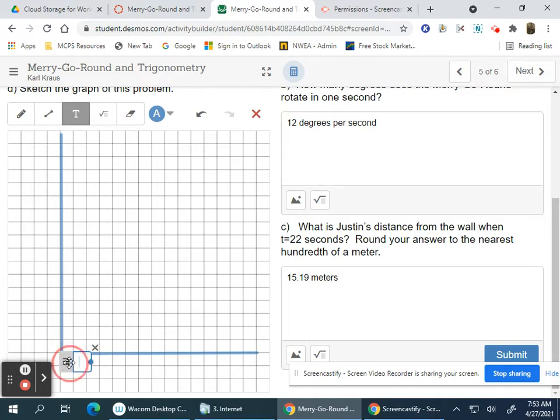So once again, let's make the scale 3 here, and put these in the right place.